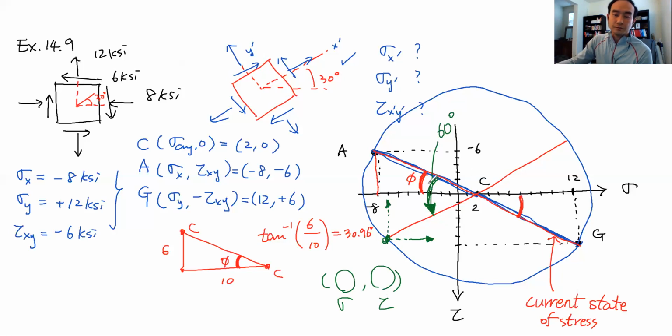Okay, so now we know this phi angle is 30.96. So we can say this remaining angle on the other side is going to be 60 minus 30.96, which is 29.04. So we can create another triangle here.